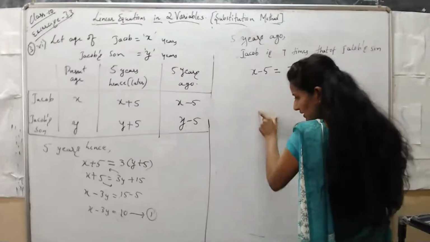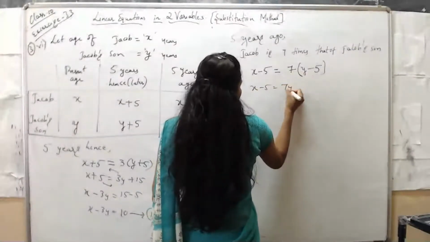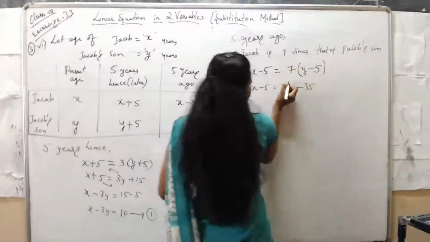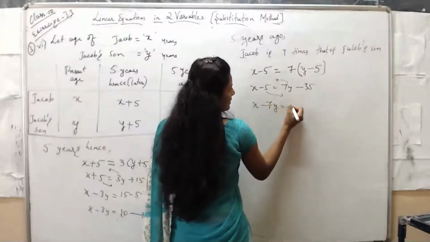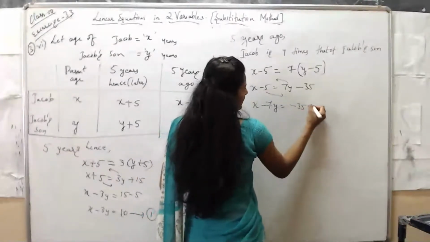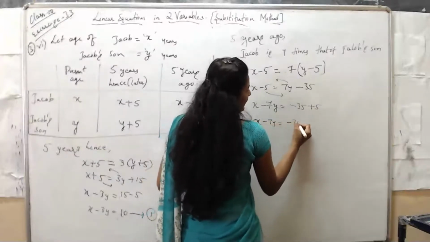Solve this and you will get the second equation. 7 into y, 7 into 5 is 35. Take this to the left side and this to the right side. x minus 7y is equal to minus 35 plus 5. x minus 7y is equal to minus 30.